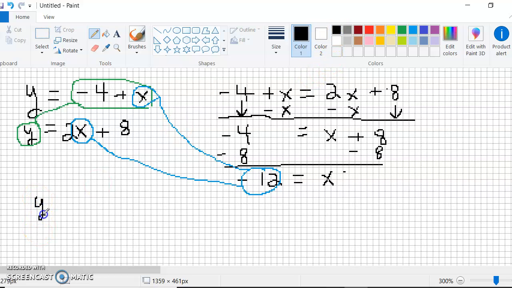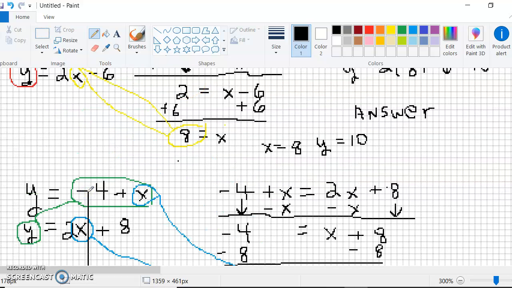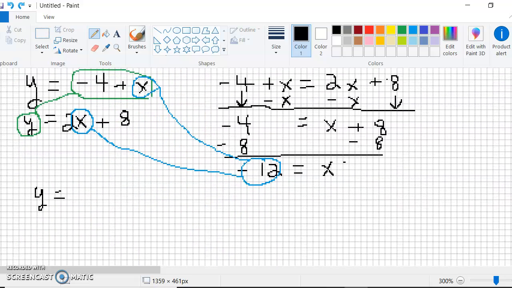So I have y is equal to -4 plus -12. Of course, we've been doing this since 5th grade. And you know that the answer here will be -16.